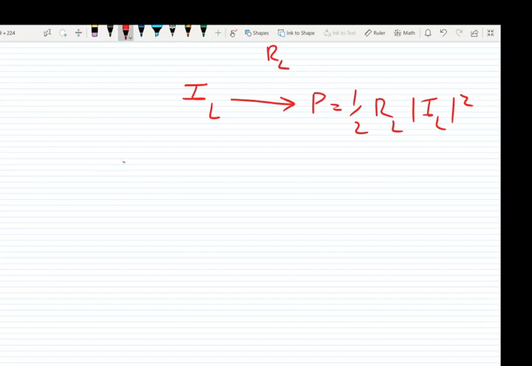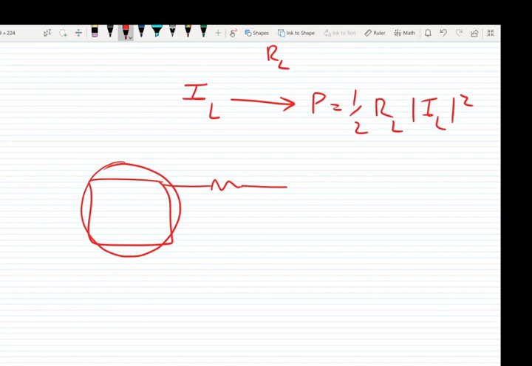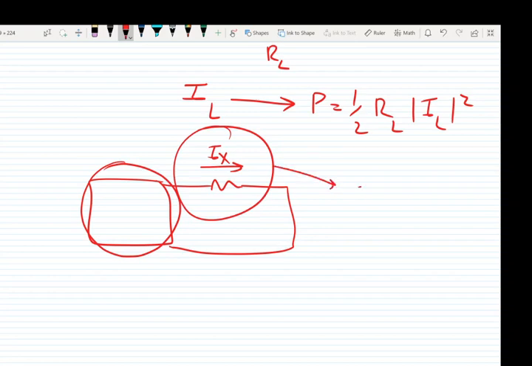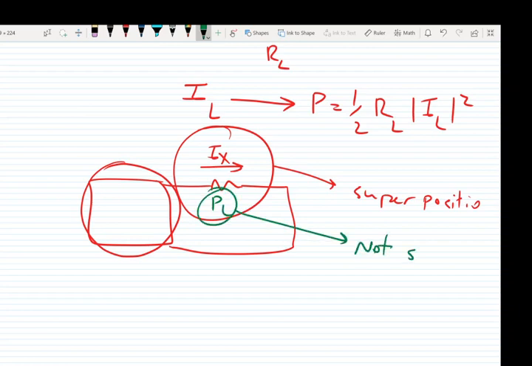I mean that when we have a circuit here and we want to find the current at this Ix, the current at this resistor, we can use superposition. But if we are supposed to find the power at this point, we cannot use superposition. So this one is just a hint.